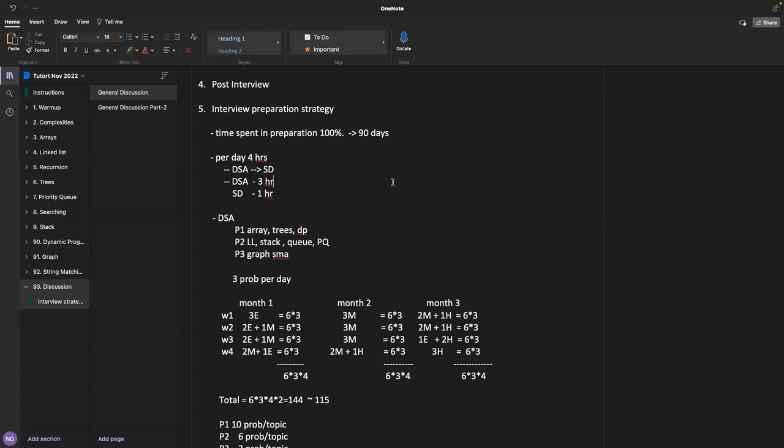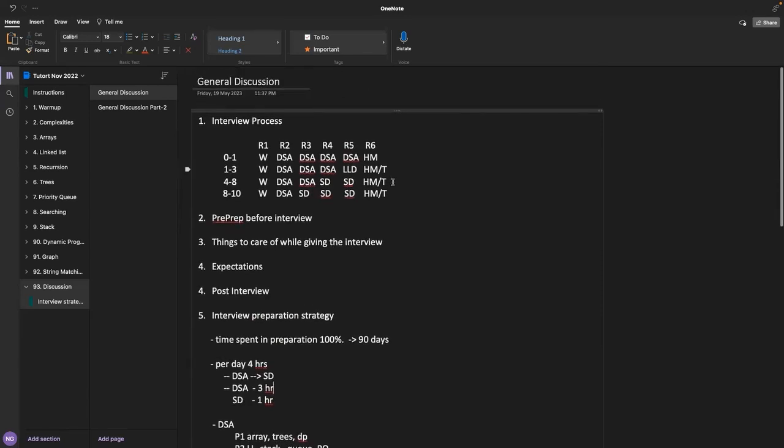But again, if you have good DSA, it can be overcome by your good DSA skills. It is good to have, but not a mandatory criterion to cross the interview. The mandatory thing to cross the interview is data structures and algorithms.